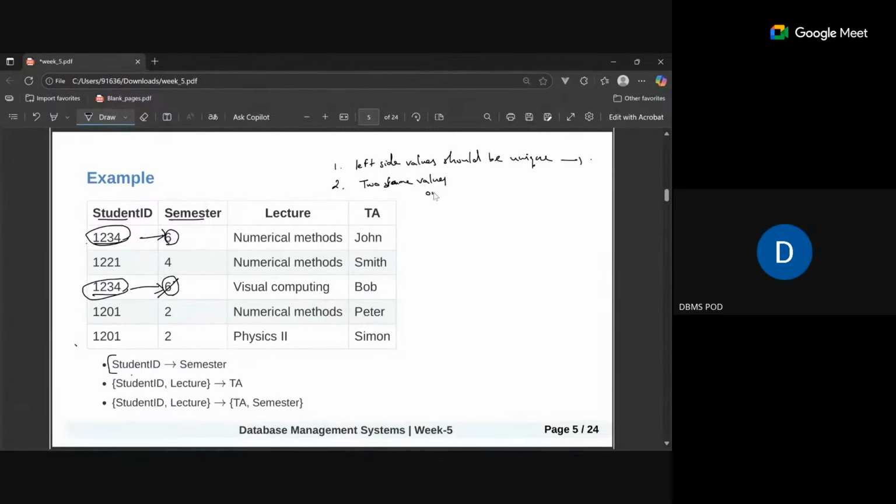Two values on the left side should determine the same value on the right side, or a similar value.